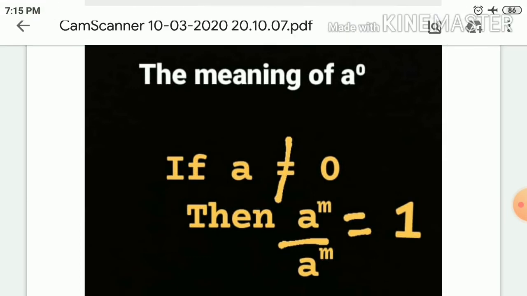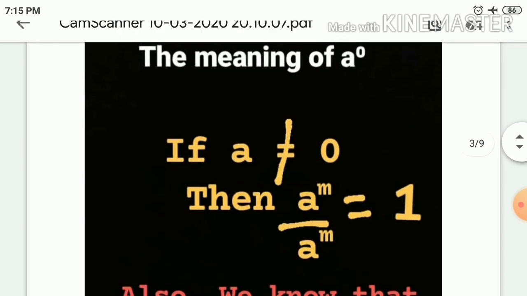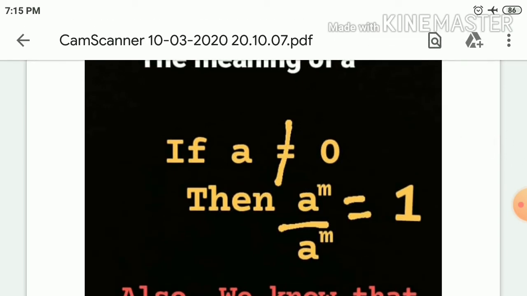Similarly in indices, if the numerator is the same as the denominator, the answer will be 1 only. So a raised to m divided by a raised to m, numerator and denominator are exactly the same, so the answer will be 1. This you have to remember.